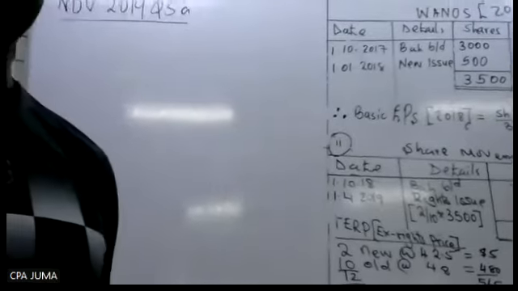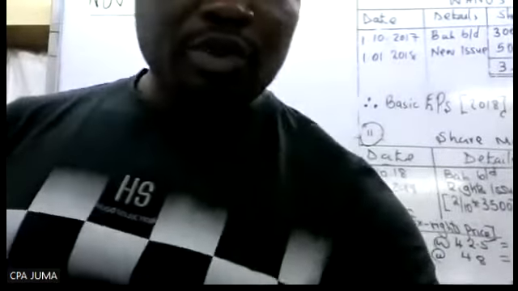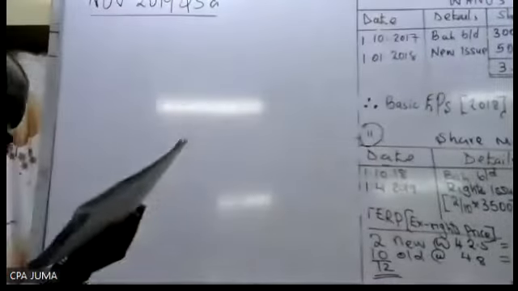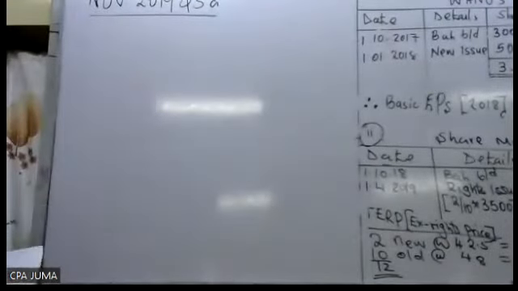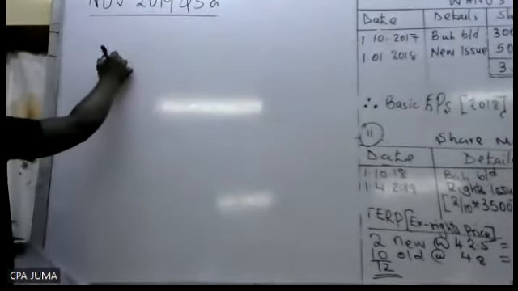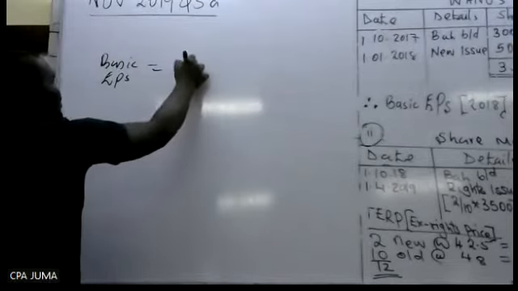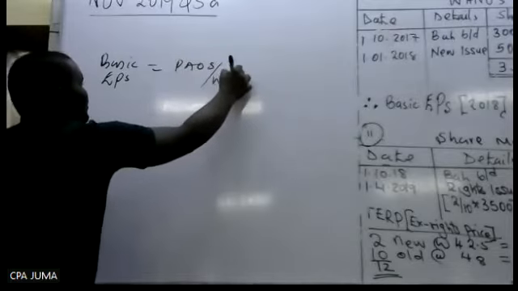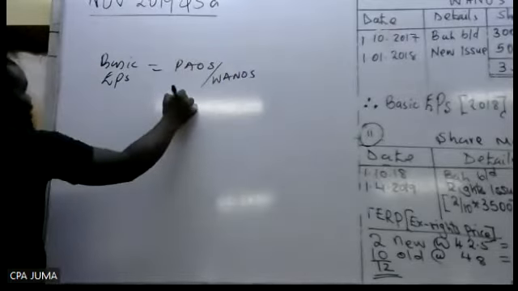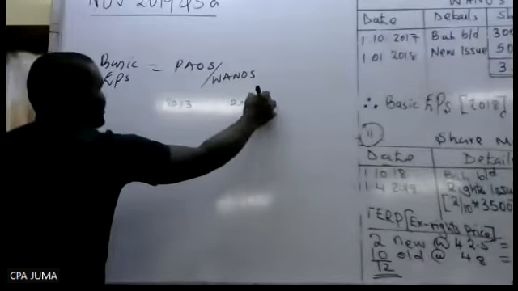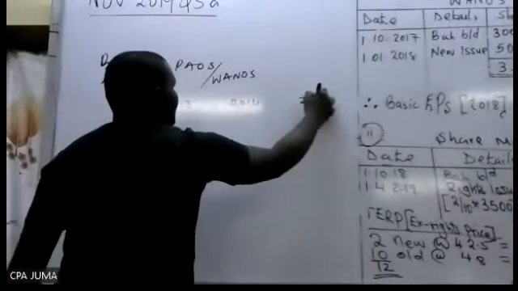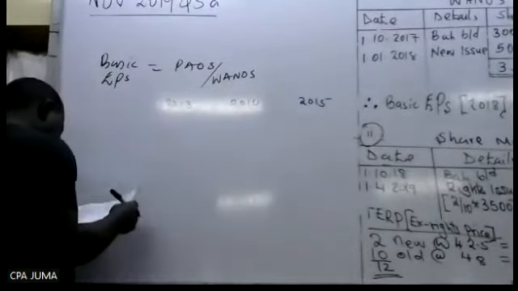So we kick off. Which year? You want EPS in which year? The first one is 2013. First the formula. The formula must always be written. So 2013, 2014 and 2015.